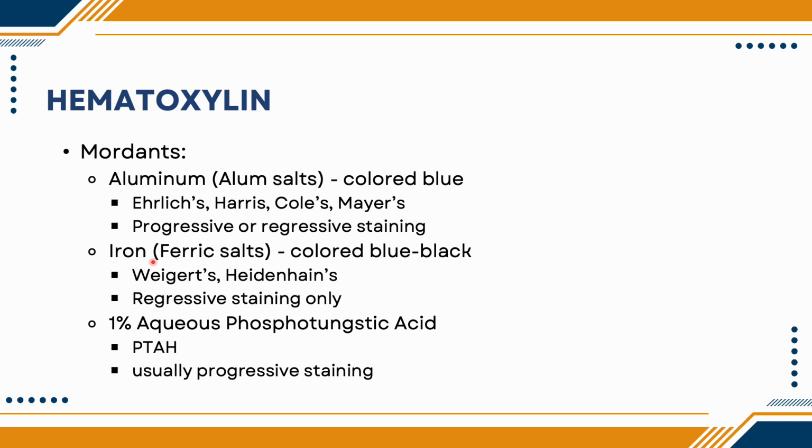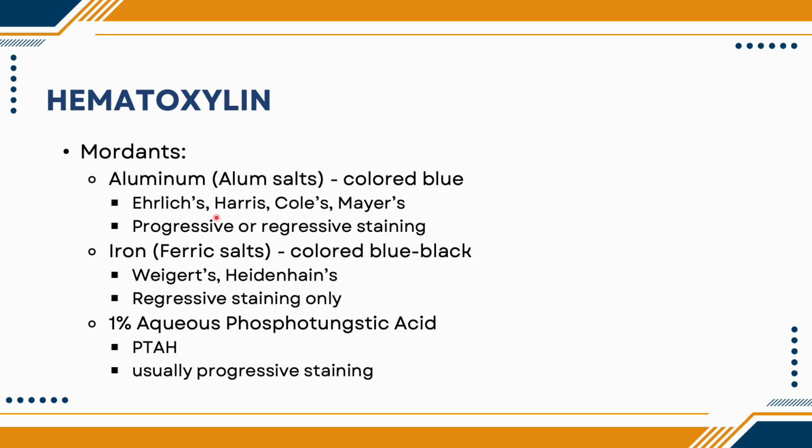Now let's move on to iron mordants or the ferric salt mordants, which gives the characteristic blue-black appearance. Examples of which include the Weigert's and the Heidenhain's hematoxylin, which is typically employed in regressive staining only. You also have your aqueous phosphotungstic acid.